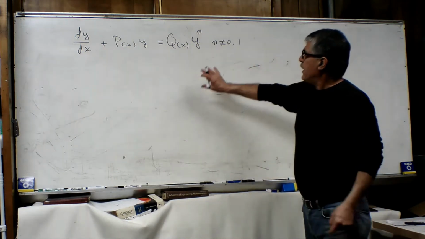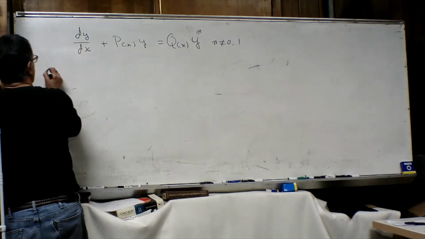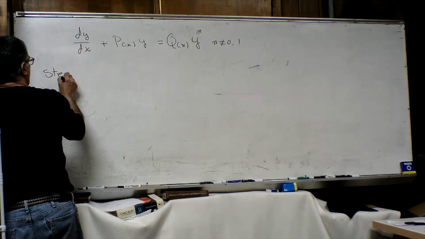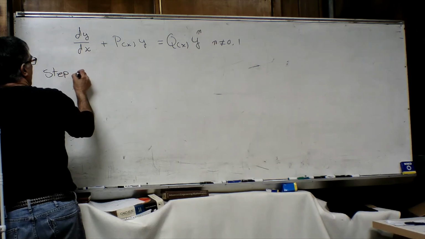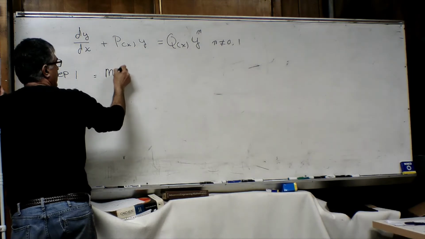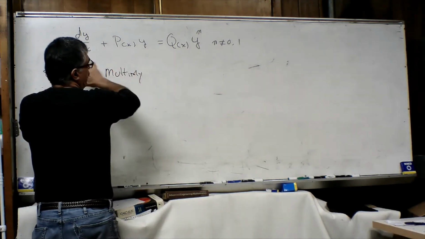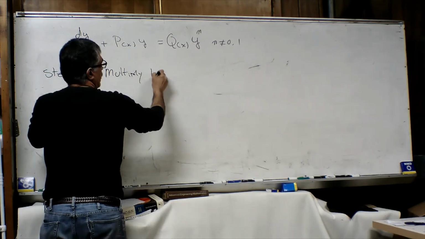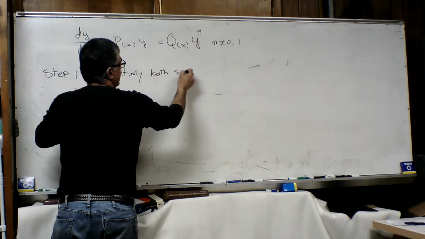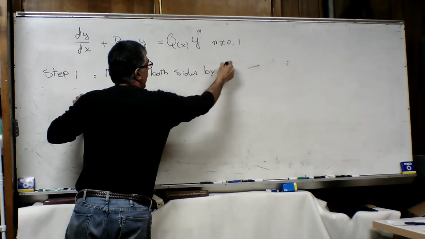So the first step in equations like this, step number one, is multiply both sides of equation by y to power minus n.